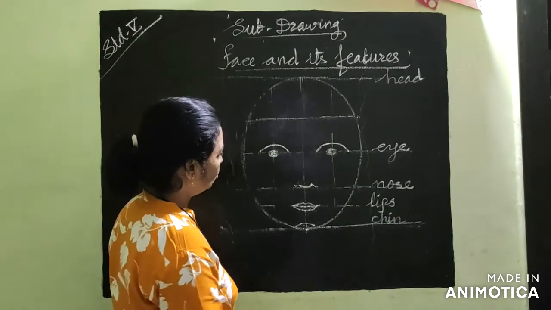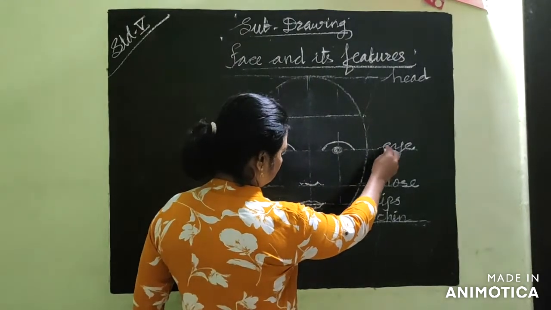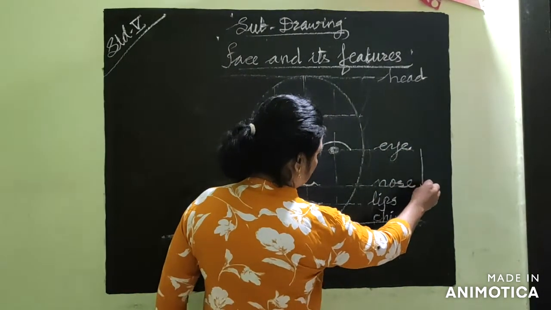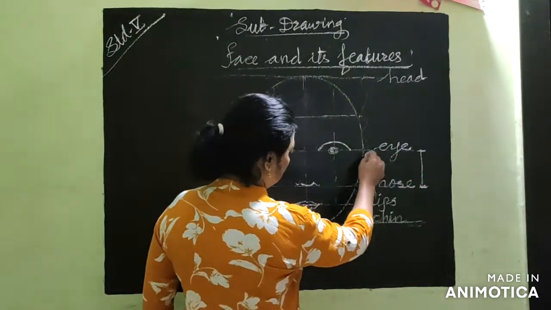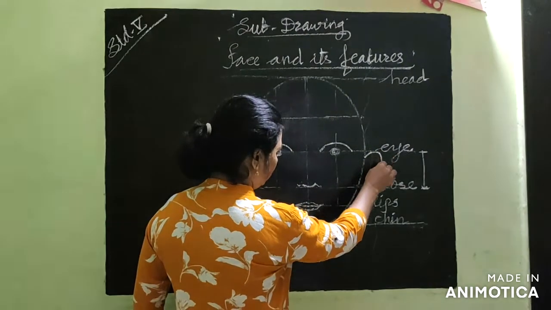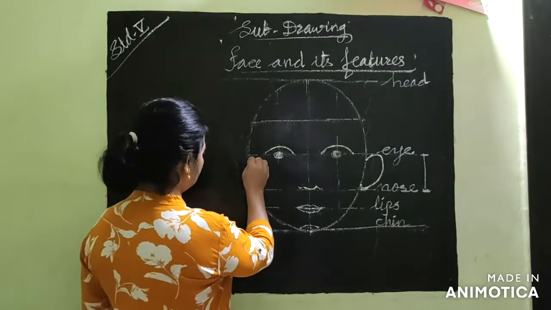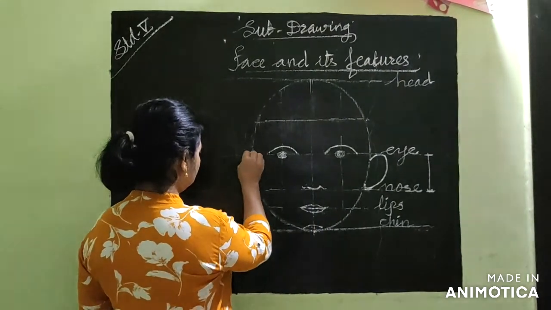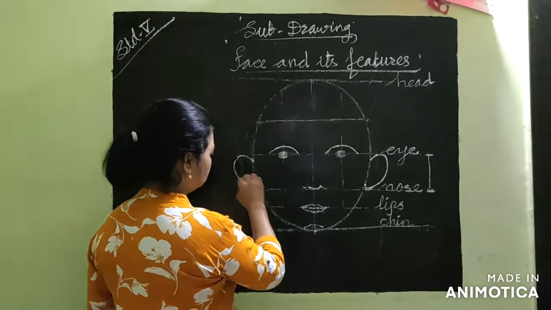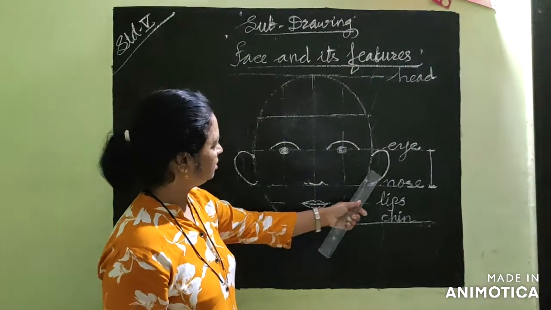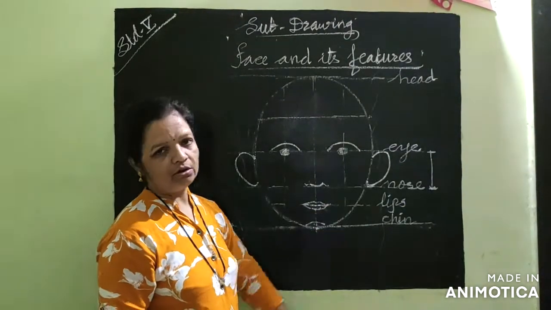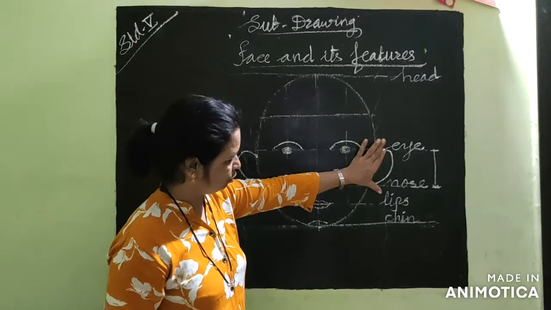So this much portion is the length of the ears. Always remember it. This length is for ears only.